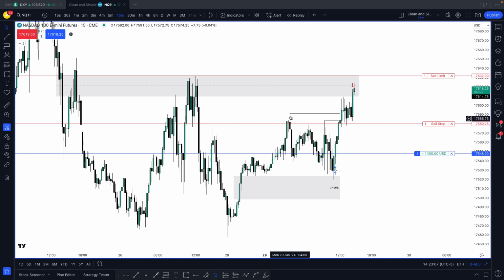And now at this point, I don't want price to come all the way back down below the breaker and these down close candles before reaching into my price target up here. So stop gets trailed to there, and it will not be moved for the remainder of the trade. Just waiting for my target to be reached up here.